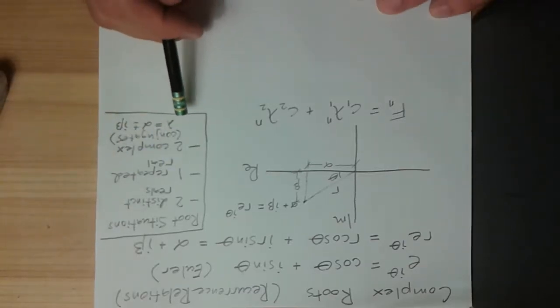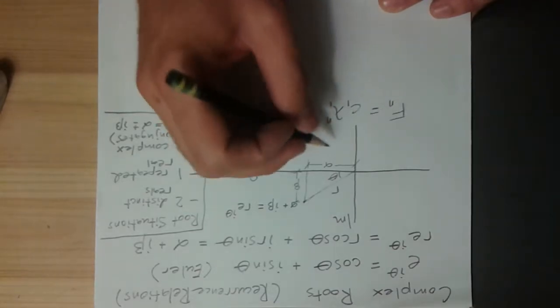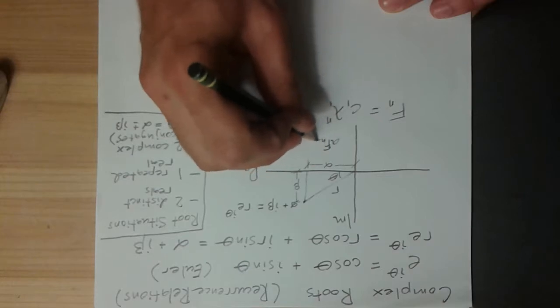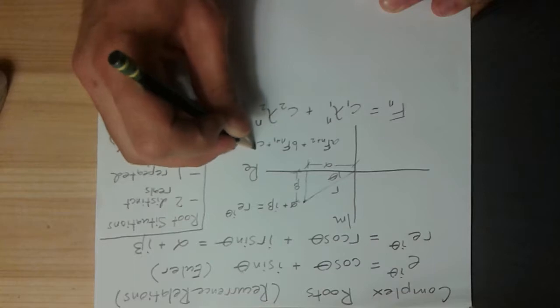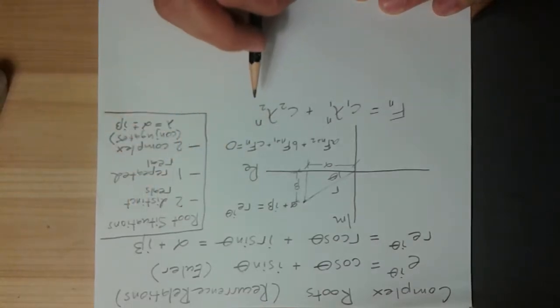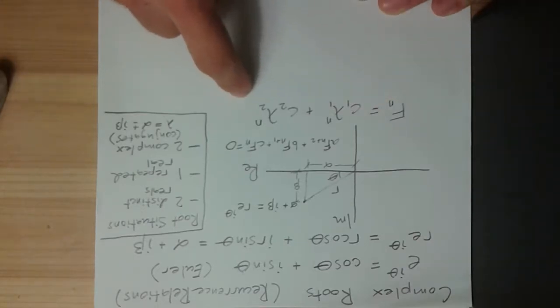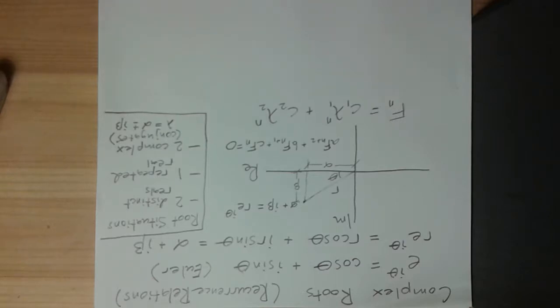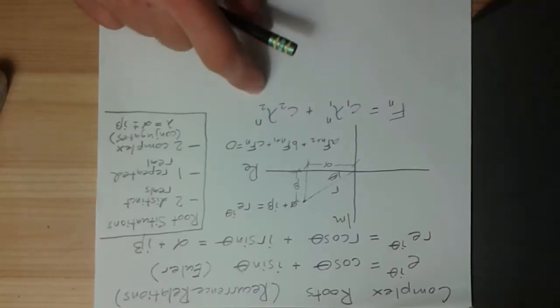So just as usual, if we have a recurrence relation like a f(n+2) plus b f(n+1) plus c f(n) is equal to 0, with roots lambda 1 and lambda 2, even if they're complex, the solution is still going to look like this. Now what I want to do is go through a similar process as in the last video to figure out a better looking version of the solution here.